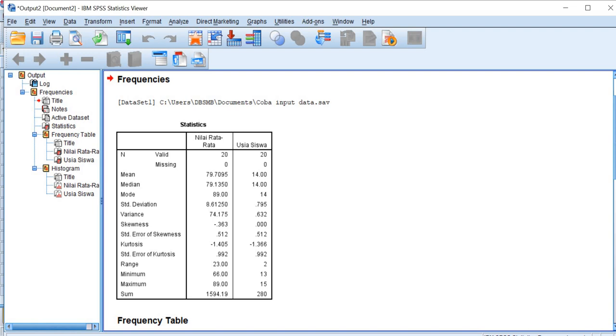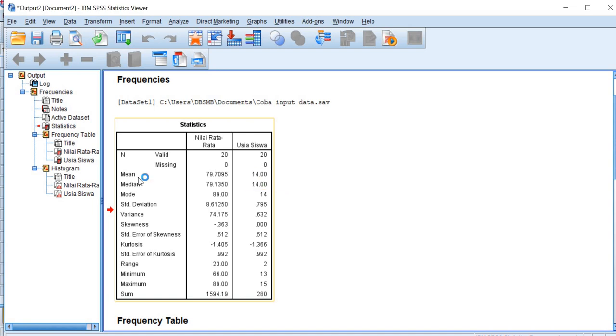Take a look at the first table, about the statistics here. So there is valid data. You have 20 items for score and for the student's age. It means that all the data are valid, and there is no missing data.